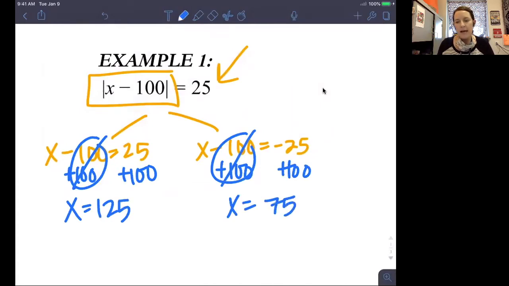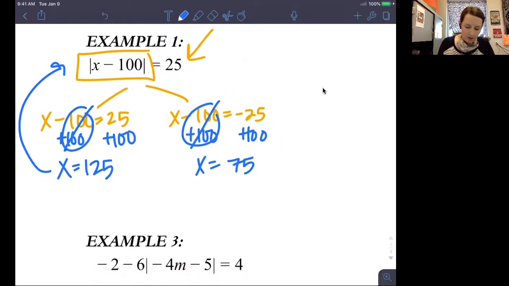So what that means is either of these solutions, when plugged in up here for my original, will yield a positive 25 for the answer. Okay, so if we were to check our work, if I were to plug in 125 minus 100, you get 25, and the absolute value of 25 equals 25.